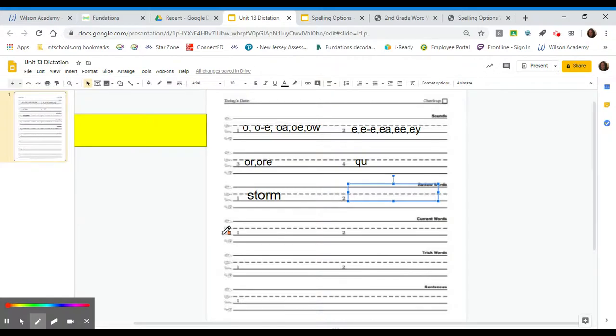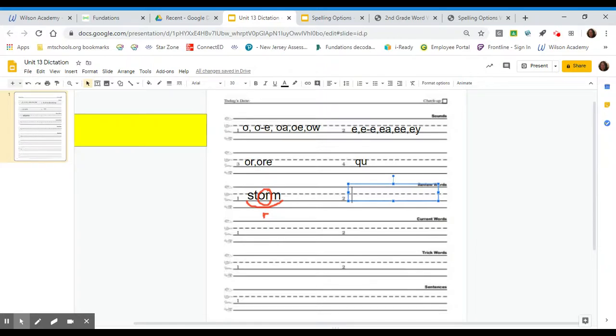I am going to mark the word and then you will check. S-T-O-R-M, and it's an R-controlled syllable. Circle the O-R. That is your review word.